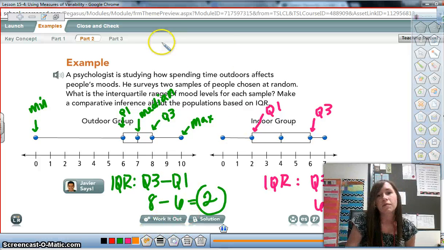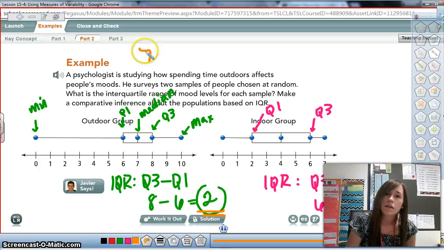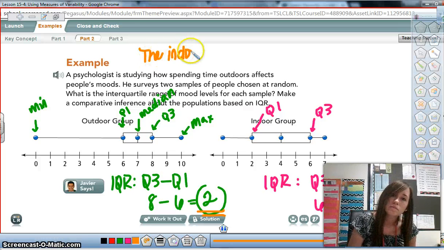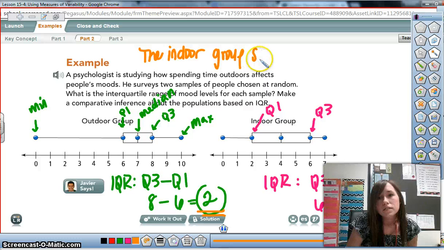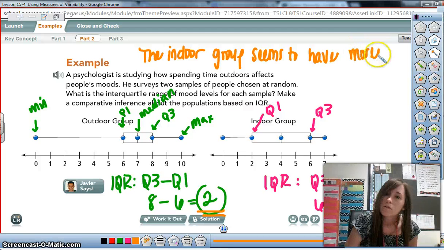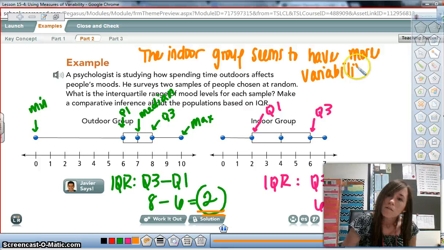So our statement we can make would say, just based on looking at the IQR, the indoor group seems to have more variability in the middle part.